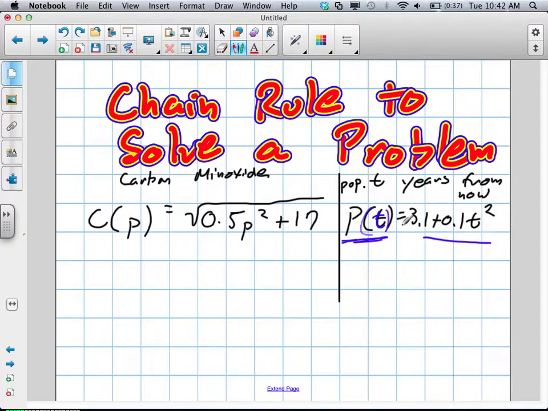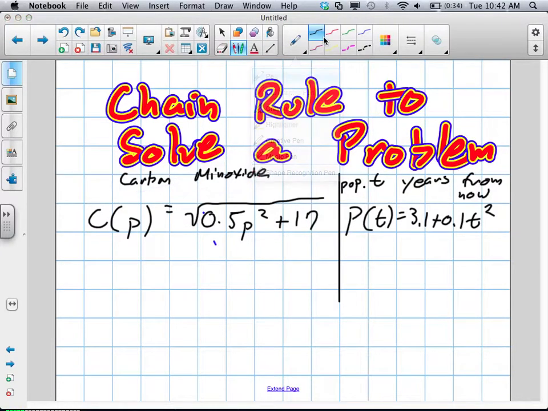So 3 years from now will give us a value for T. With T, we're able to figure out what our population is changing at 3 years from now, and then we can put that value into the carbon monoxide equation to figure out what the carbon monoxide is changing at 3 years from now. So this is going to be a composite function.